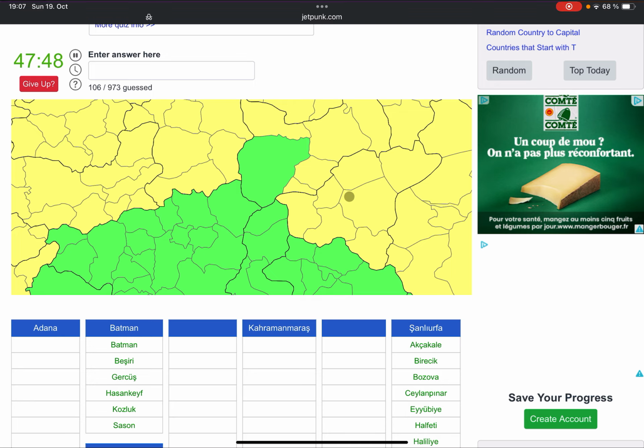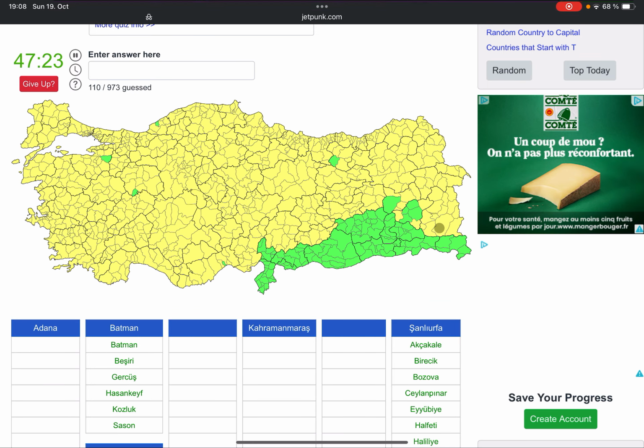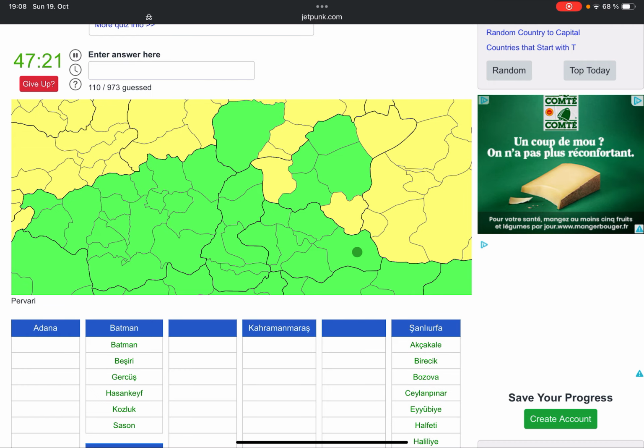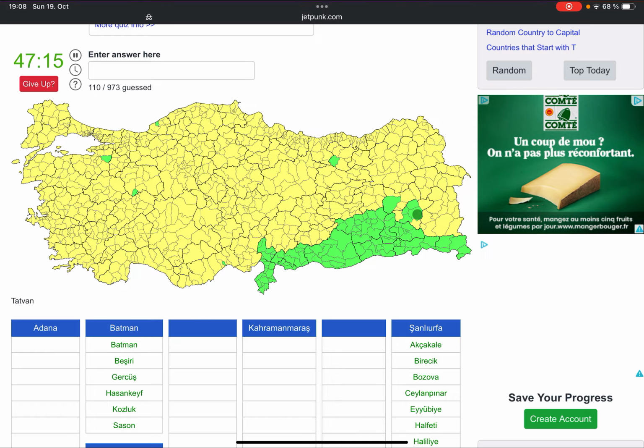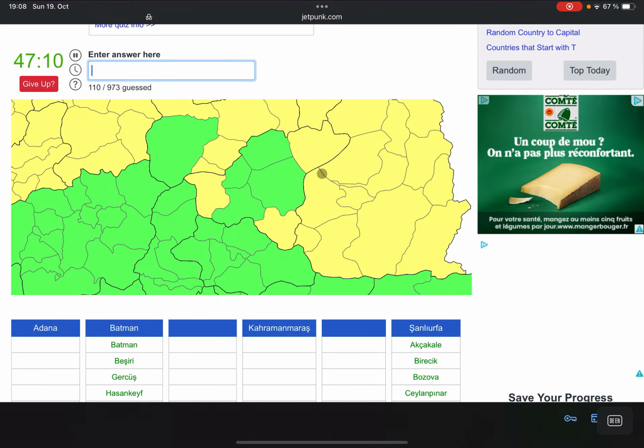Let's just continue with Bitlis, main city also Bitlis, Adilcevaz. We have Güroymak. This one should be Tatvan. And by the way, in this area is one of the larger lakes, if not the largest lake in Turkey, called Lake Van, name giver also to the province of Van, which we're gonna get to in 1 second.